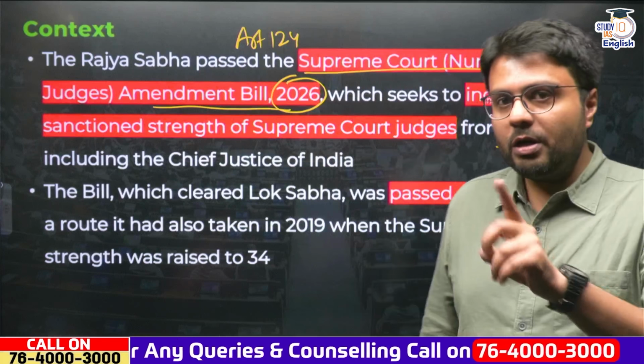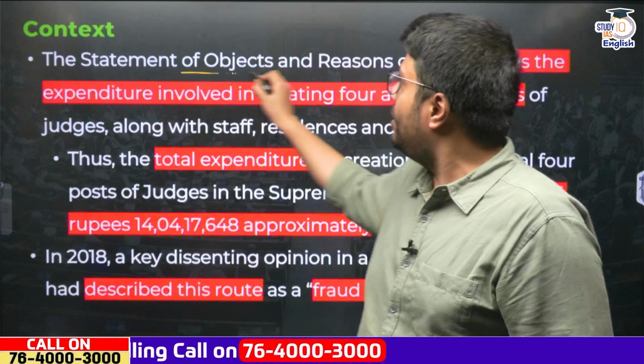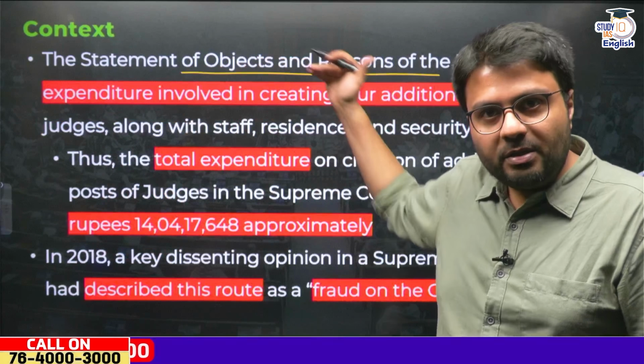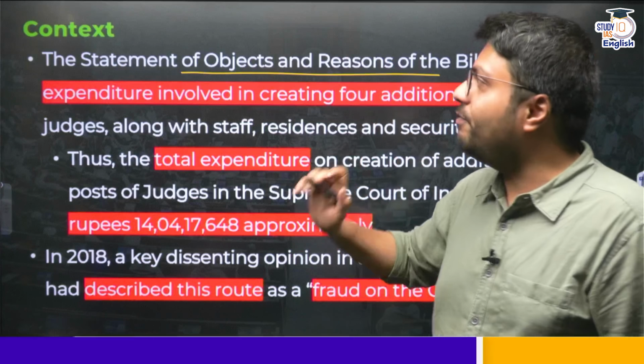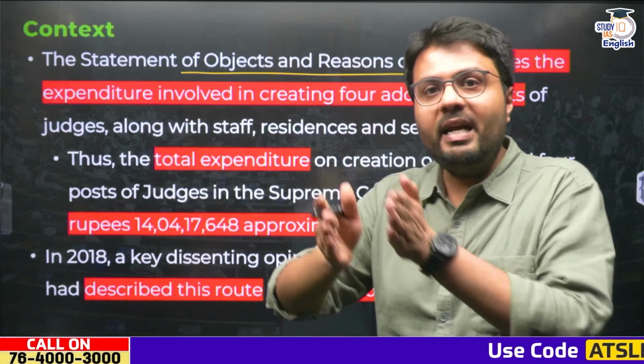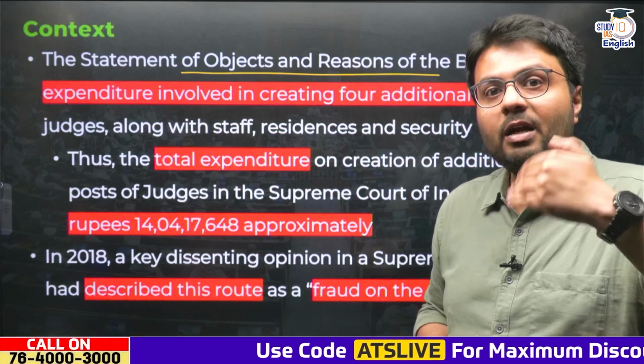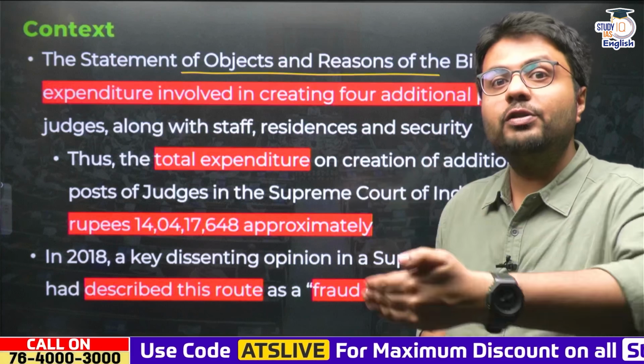In order to understand why this bill was designated as a money bill, you have to look at the statement of objects and reasons which is attached with the bill. This statement clarifies that when you have to create 4 additional posts of judges in the Supreme Court, there are going to be different kinds of expenditures.